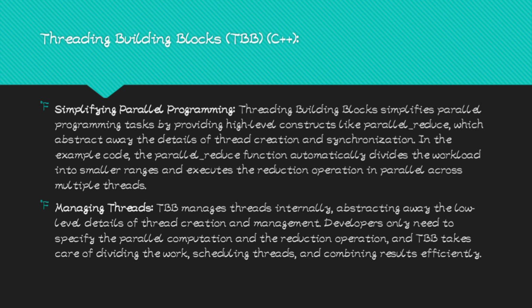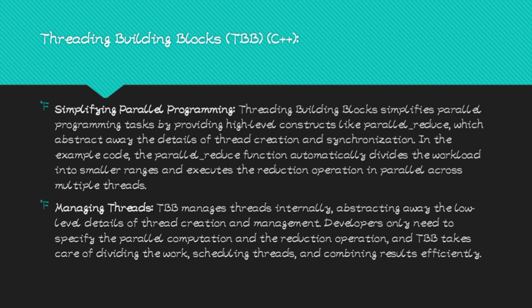And then we see the Threading Building Blocks. This one simplifies parallel programming by providing high-level constructs like parallel reduce, which abstract away the details of thread creation and synchronization. In the example code, the parallel reduce function automatically divides the workload into smaller ranges and executes the reduce operation in parallel across multiple threads.